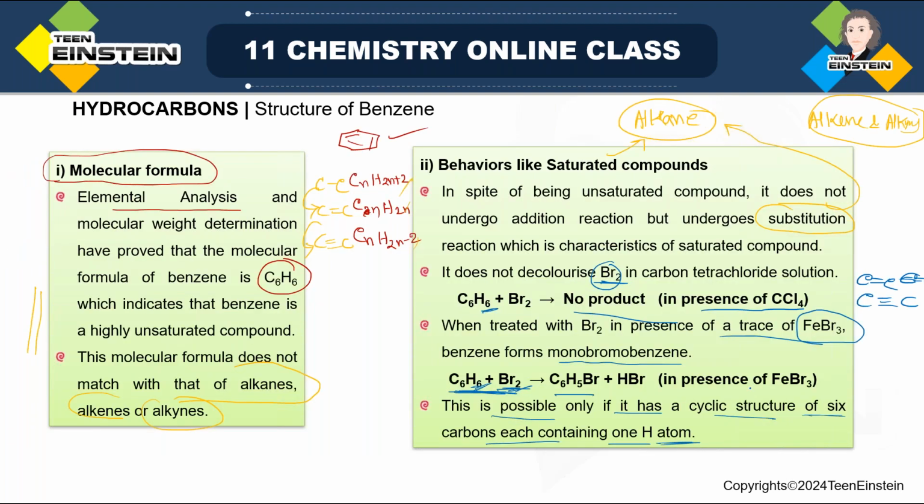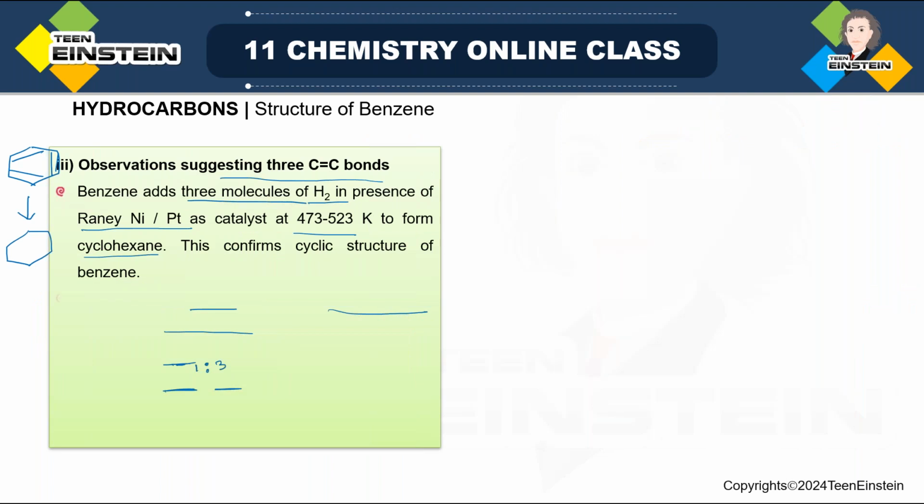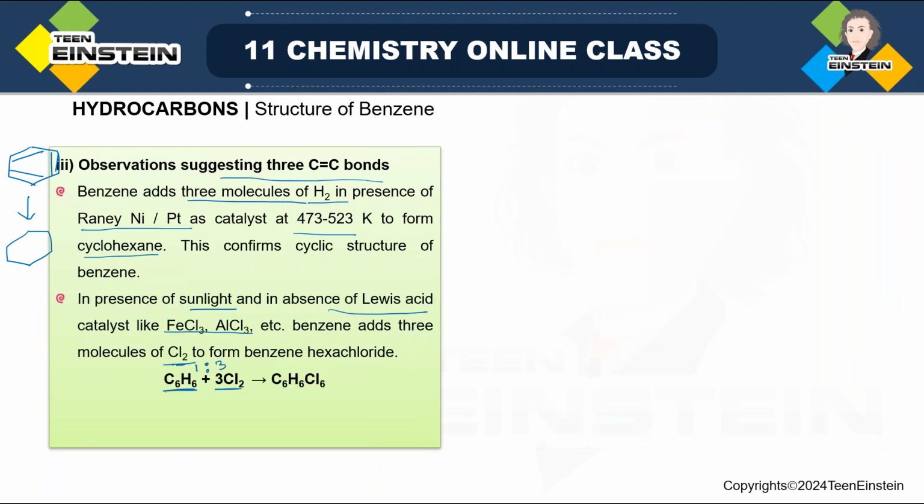Remember? So when you use this type of catalyst and you are treating it with bromine or Cl2 with FeCl3, we get substitution. But when you are again treating benzene with halogen, but now you are not using any Lewis acid catalyst and you are doing the reaction in presence of sunlight, now the reaction is different. It's 1:3, and look at this.